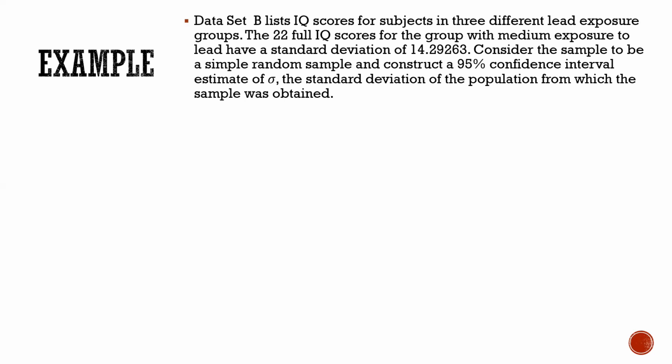In the group with medium lead exposure, the standard deviation is roughly 14.3 IQ points. Consider the sample to be simple random, and we know that IQs are normally distributed.